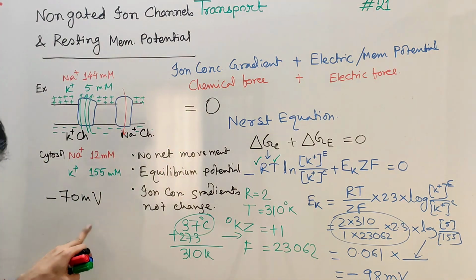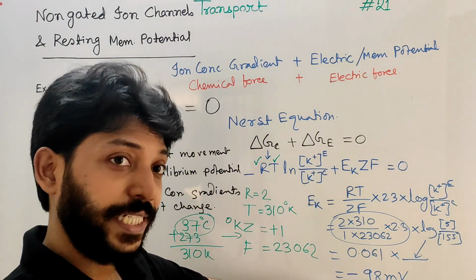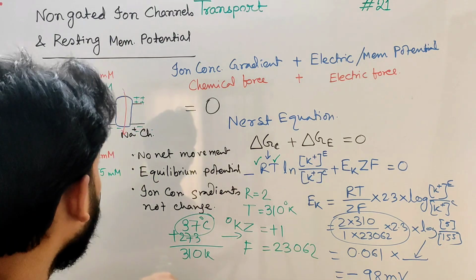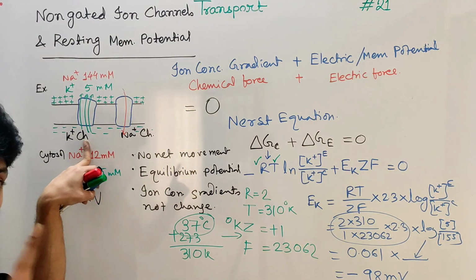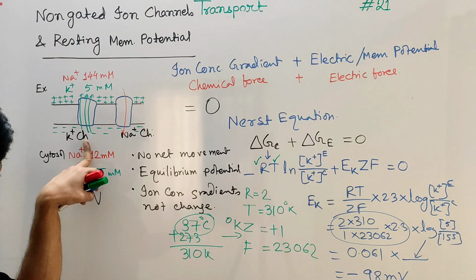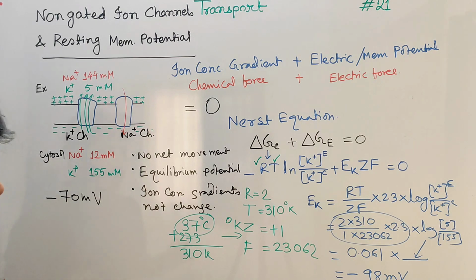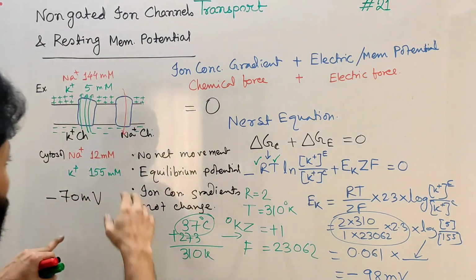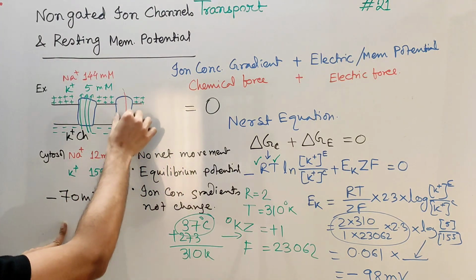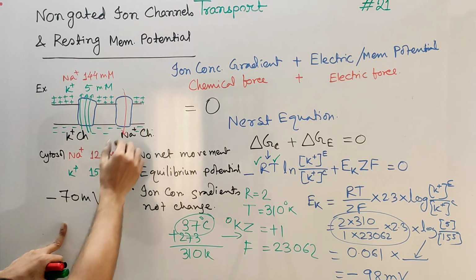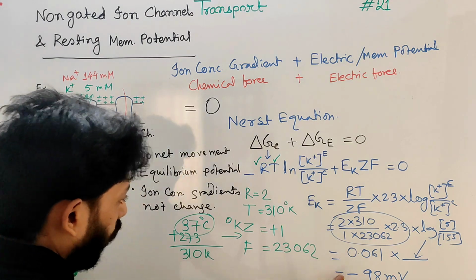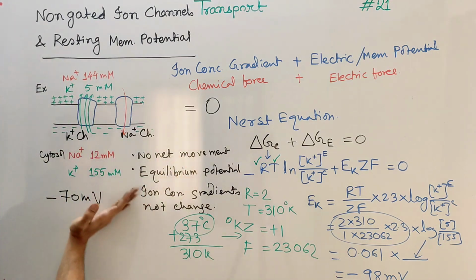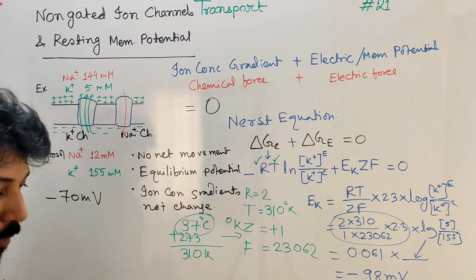So as you can see, the value should be minus 98 millivolt if only the potassium channel were responsible for the generation of the resting membrane potential. But because a few sodium ions are involved in the resting membrane potential, the value will drop because more positive ions are coming inside. That's why the value of the resting membrane potential actually comes down to minus 70 millivolt.